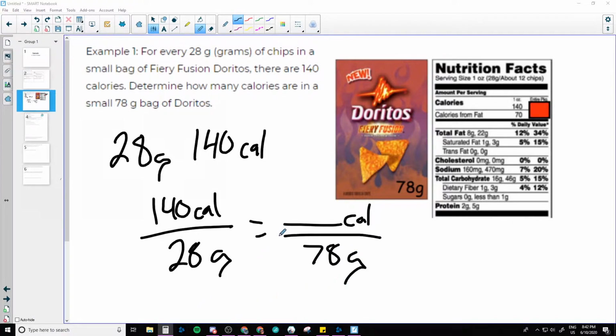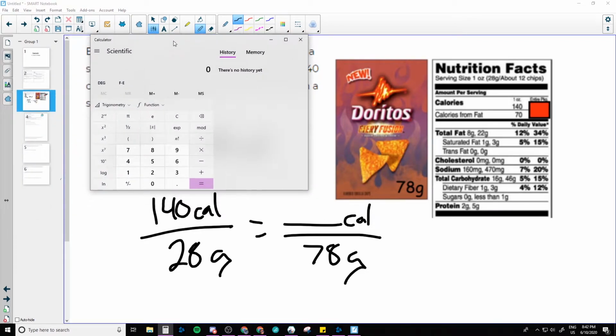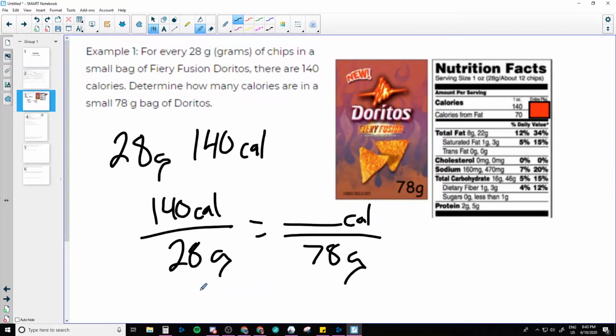Okay, and then we can just cross multiply. So we've got 140 times 78 divided by 28. And that tells us that in 78 grams, you have 390 calories.